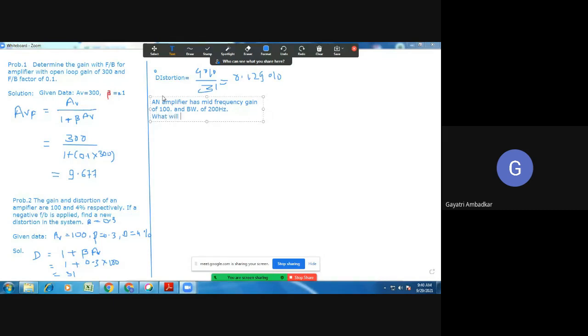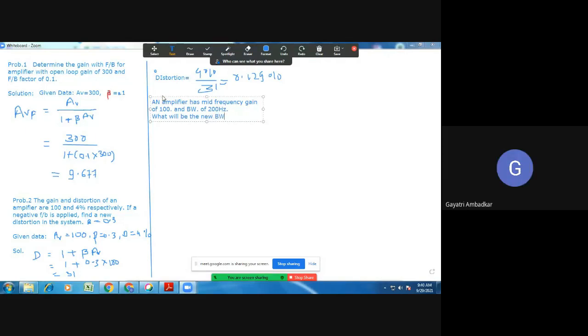Please unmute and tell. Do you remember frequency response? Everybody unmute yourself. Frequency response of an amplifier. Yes, ma'am. How many regions you show there? 3, ma'am.